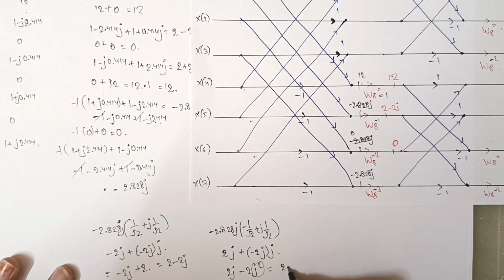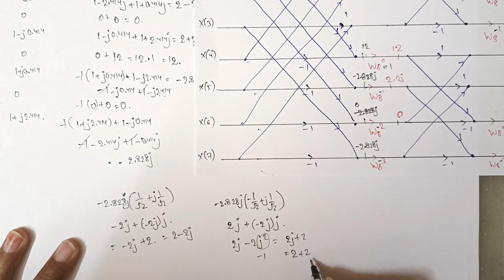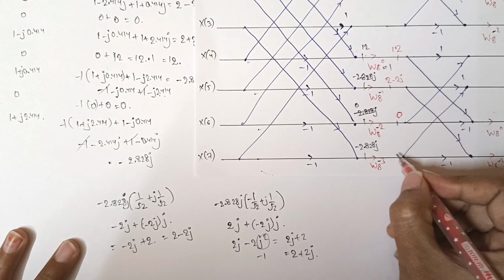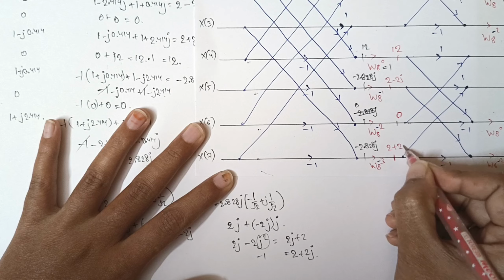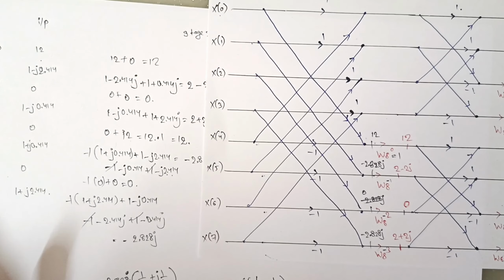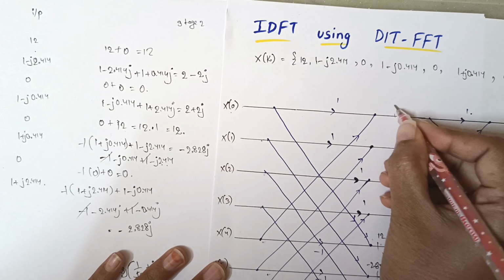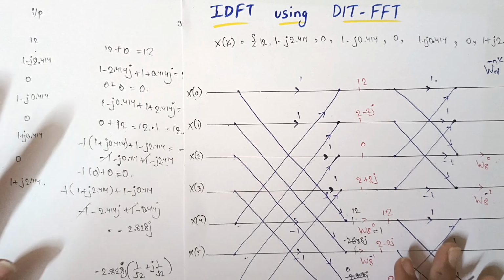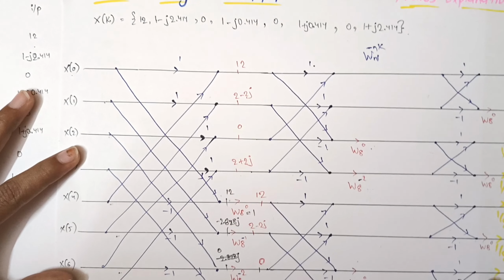So we will get 2j plus 2. So finally we got 2 plus 2j, right? Now this is the final value for this stage, 2 plus 2j. Now let's note it down for the upper lines. Here we got 12. Perfect. Now let's move on to the third stage calculation.